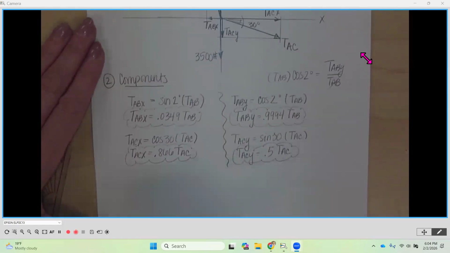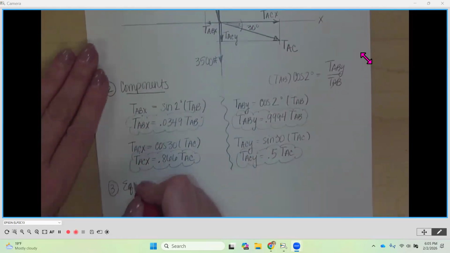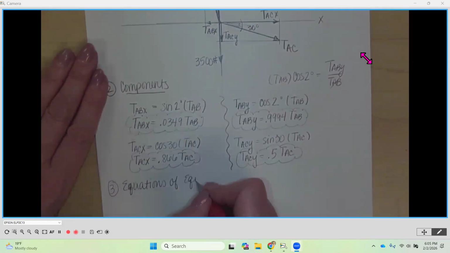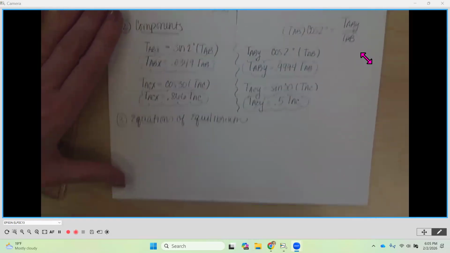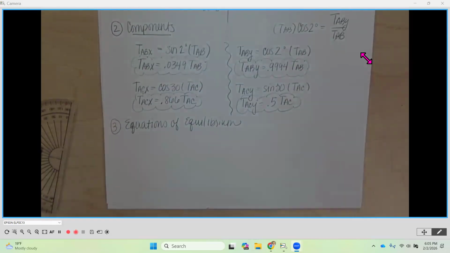So step number 3 is going to be equations of equilibrium. Okay. Now we're gonna get one more equation of equilibrium, but the 2 that we're going to be using here are going to be those sum of the forces in the X equals 0 and sum of the forces in the Y equals 0. And all that means is just like in module 2, we're going to focus on horizontal and vertical axis forces in each one of those equations.